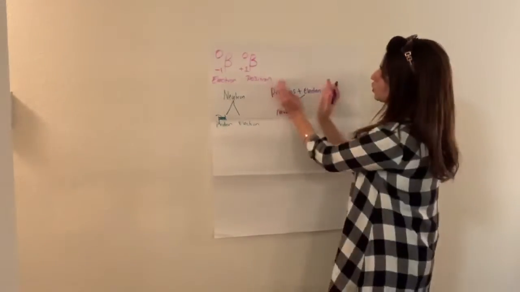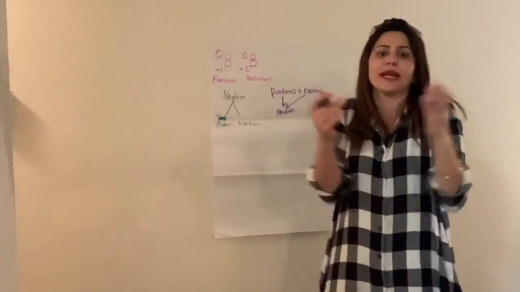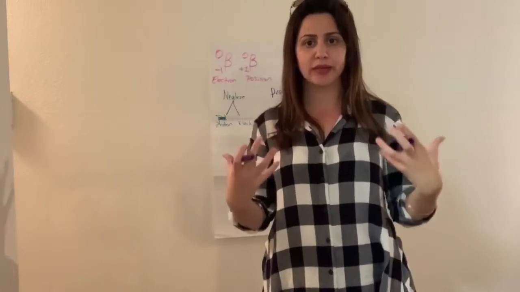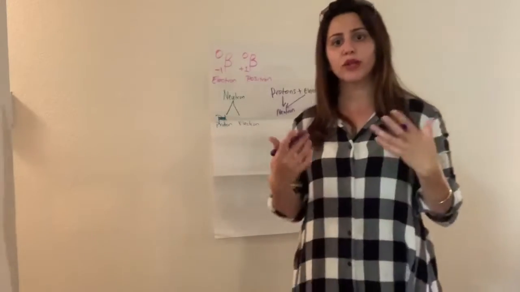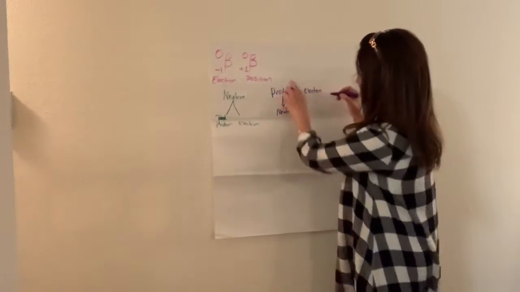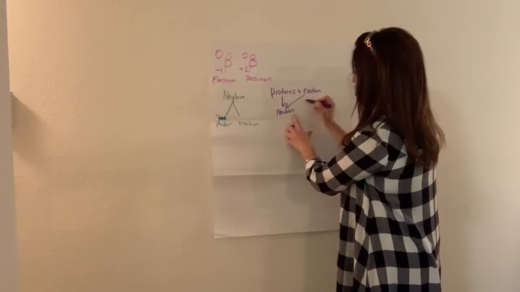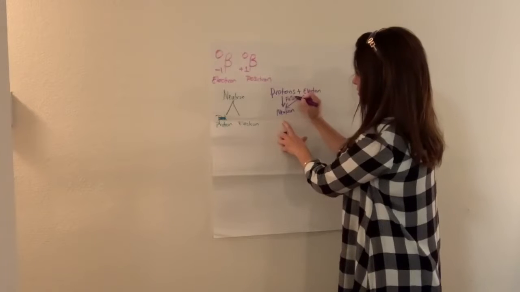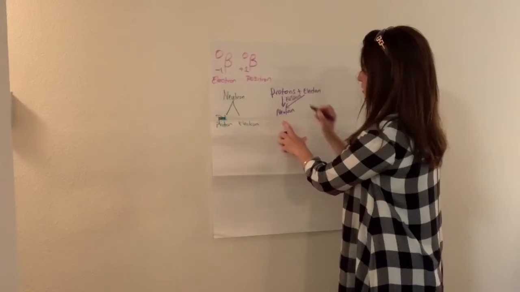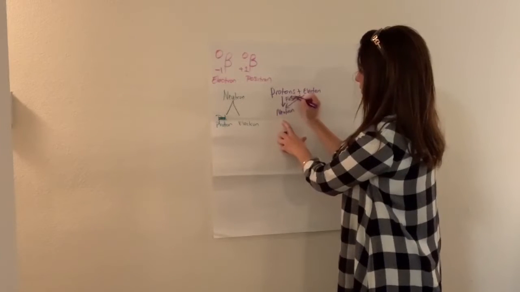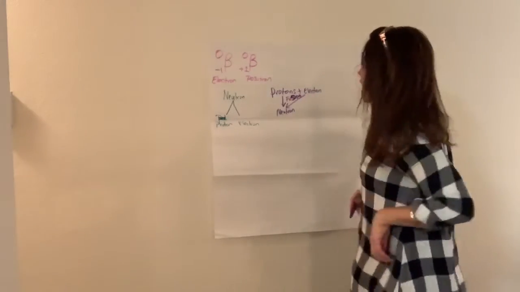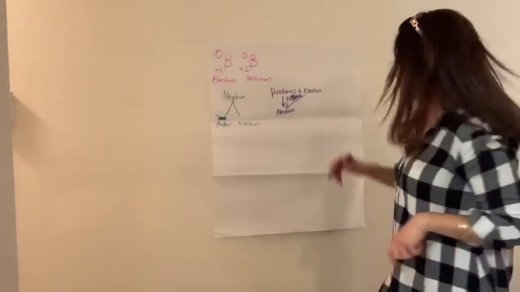But when this fusion happens, when the proton and electron come fusing together, something else is created in that process. What is created in that process is called a positron. So this fusion, I think it's fusion, whatever, either way, you look it up and tell me if it's spelled right.